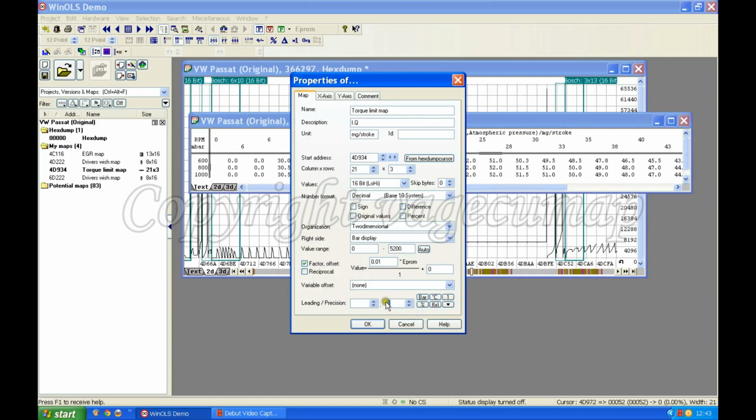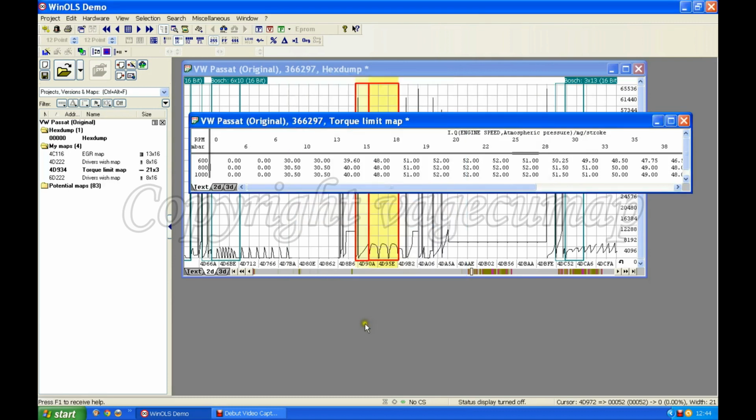If we allow for 1, then you can see we've got 1 decimal point. If we want to allow for none, we've got no decimal points, or we can go for 2. Now in this particular case, it's debatable as to whether you need 1 or 2, but I'll leave that one as 2 for now. So I'll just accept that one as 2 and say OK.